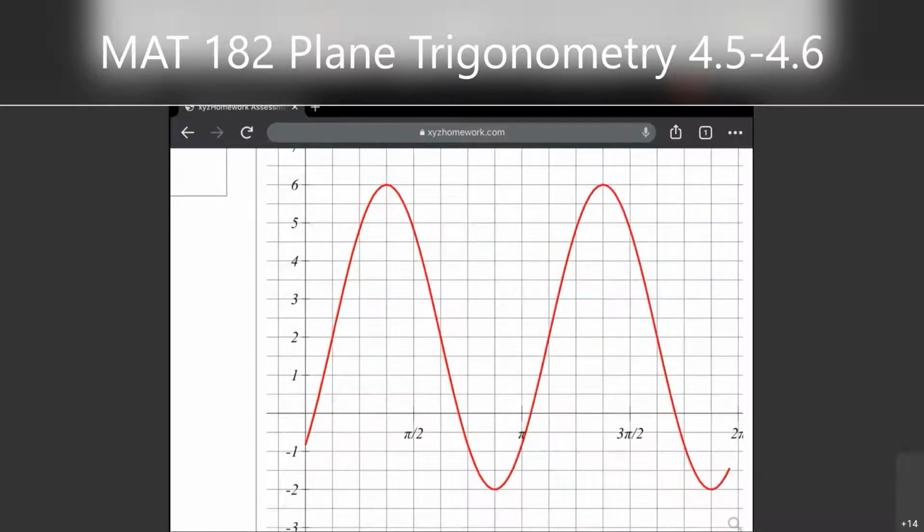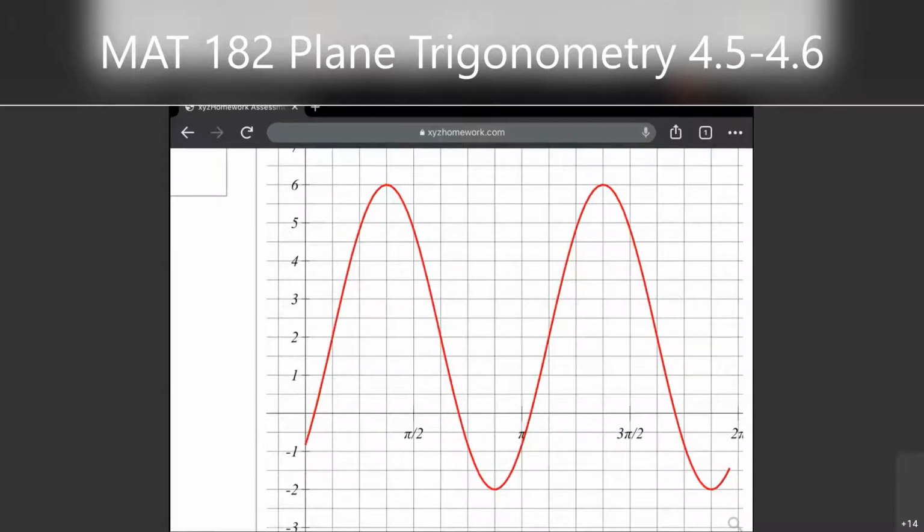If we looked at the period for this graph, what is the period, anyone find? The 3 pi over 4? That was the box before the pi over 2.